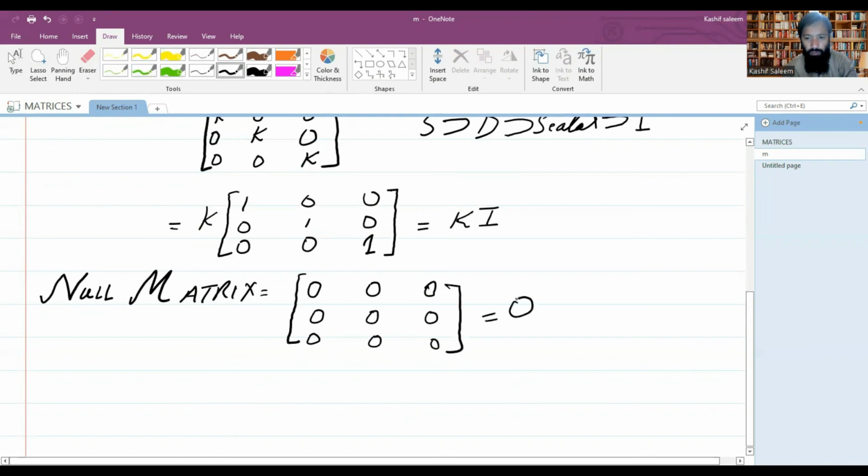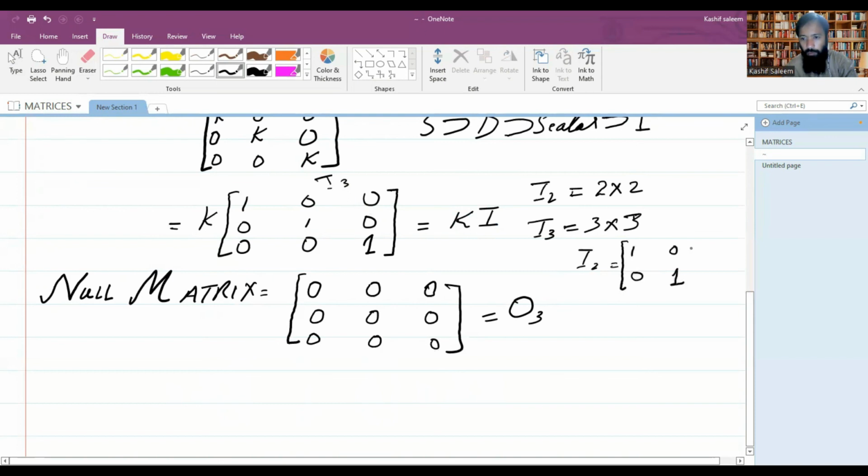So this is known as O3. Similarly, we can define I2 and I3. So what does it mean? I2 means a 2 by 2 matrix, and I3 means a 3 by 3 matrix. So this is I3, and if we write I2, what is I2? I2 is equal to 1, 0, 0, and 1.